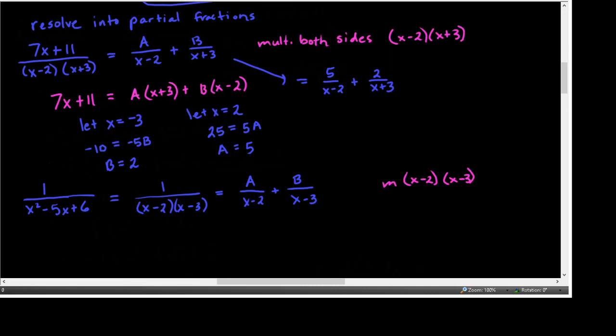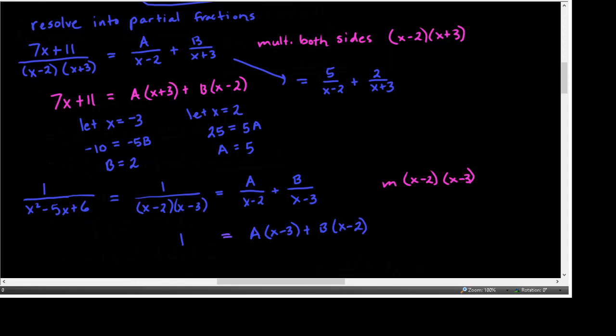So when I multiply on the left side by those two, the x minus 2 and x minus 3 cancel, leaving the 1. And multiplying both of those by this fraction with a over x minus 2, the x minus 2's cancel, leaving a times x minus 3. Then, same idea, x minus 3's cancel, leaving b to be multiplied by x minus 2.